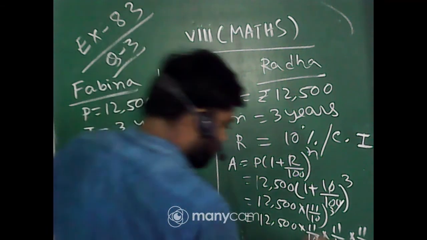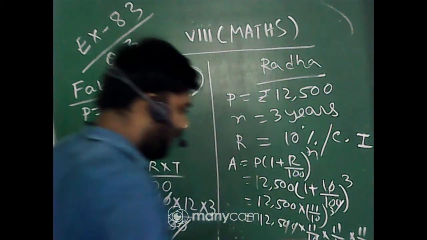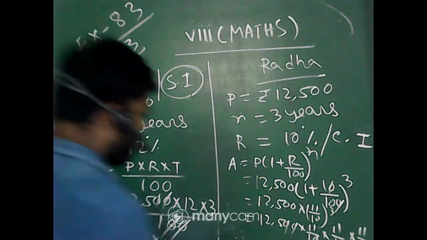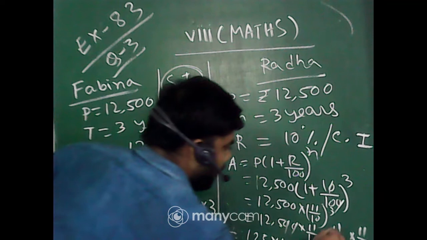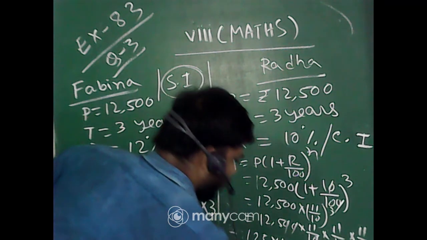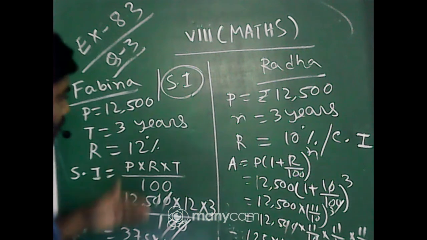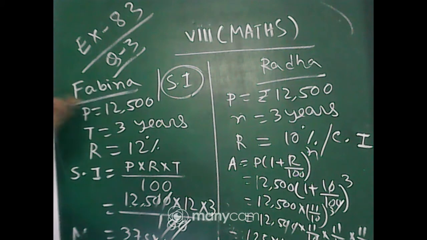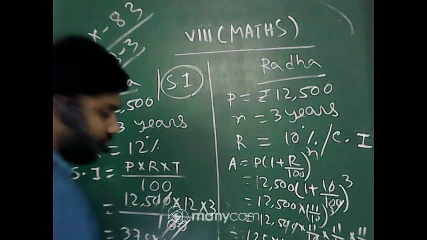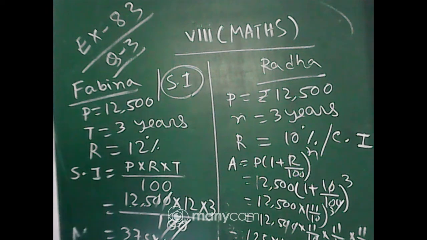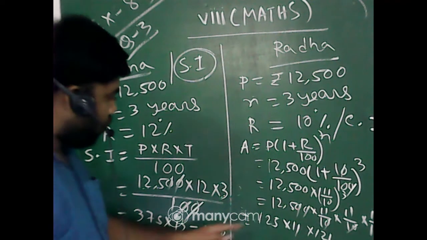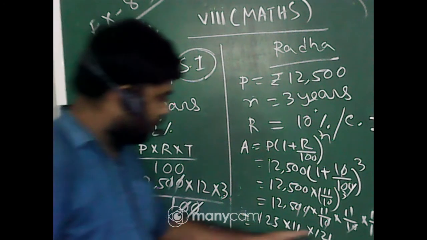Now, cancelling the zeros, 125 into 11, 11 into 11 is 121. I am rubbing this portion because it is not visible. Wait students. Now 125 into 11 into 121.